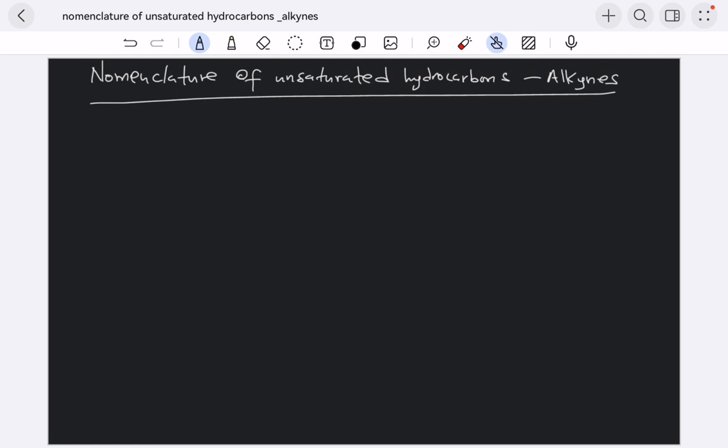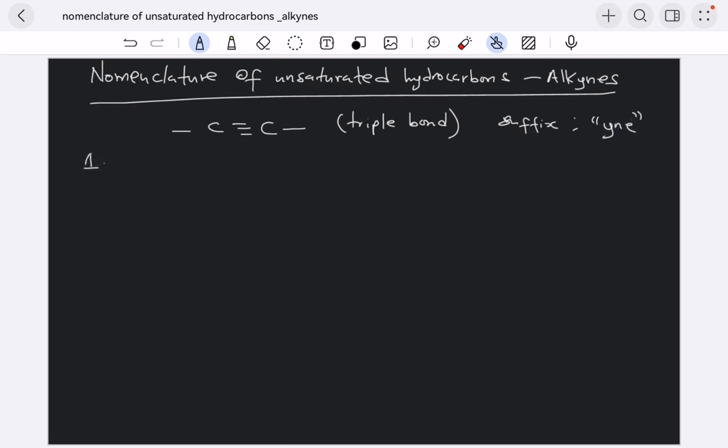So, alkynes are represented by this. They have a triple bond between the carbon atoms. Then they have a suffix of YNE.